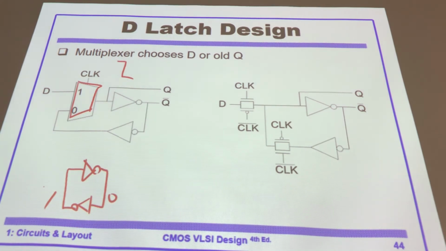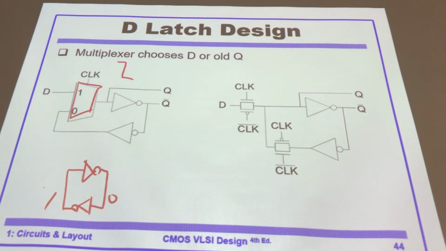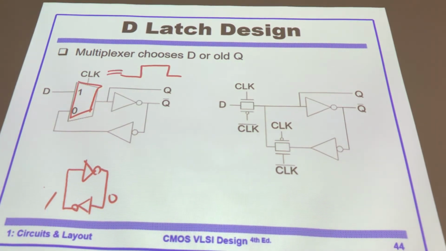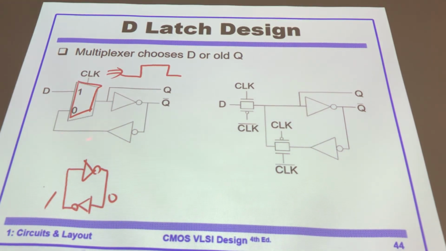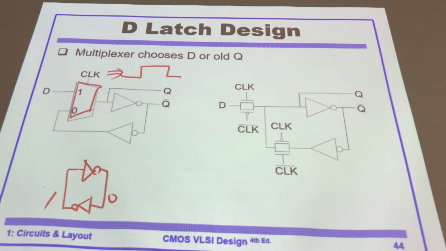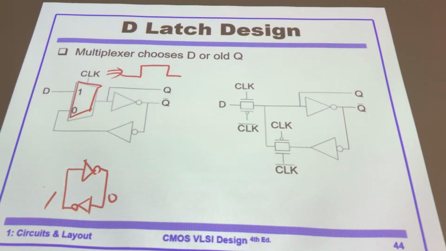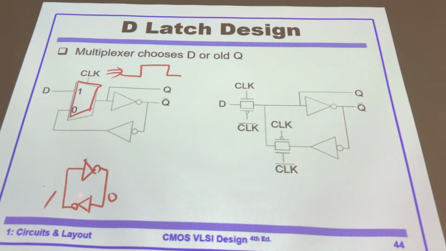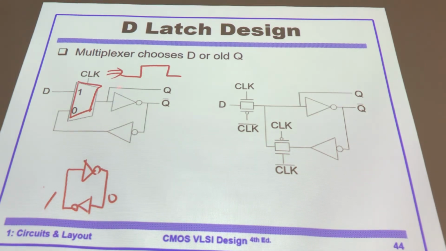Okay, let me repeat it. Clock signal from low to high, from high to low. When it's low, the signal circles around until it goes high. You open the door, you connect to the outside.